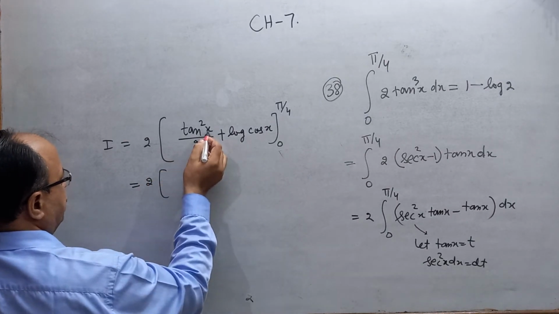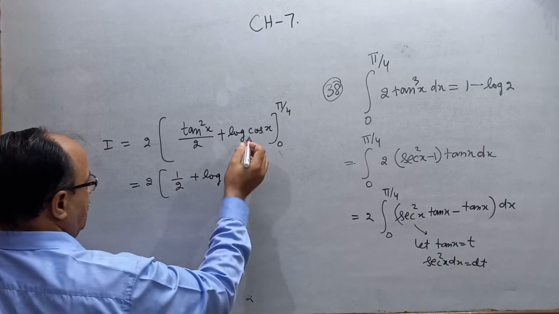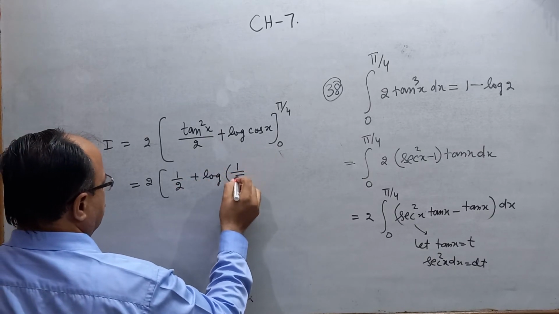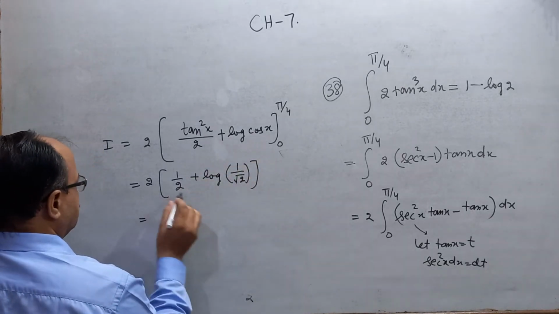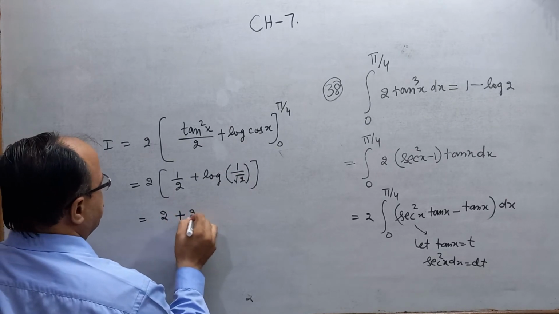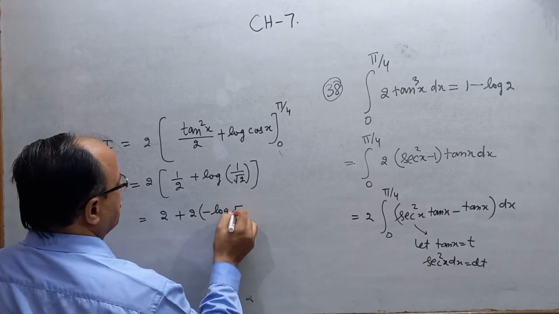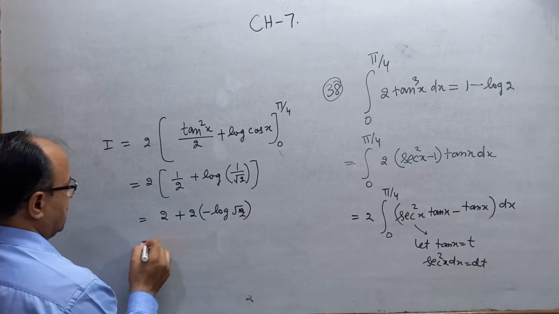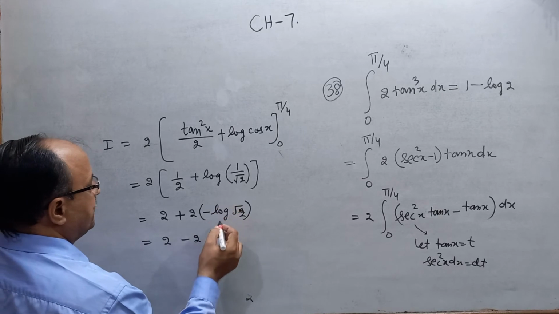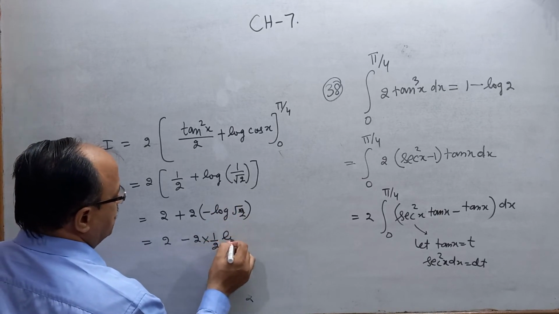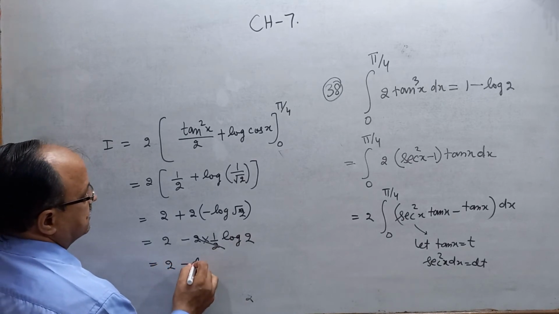When you apply pi by 4 here, tan pi by 4 is 1, and cos 45 is 1 by root 2. When you put 0, it gives 0. Multiply by 2, we get 2 times 1 by 2 minus log of 1 by root 2, and you know that property, 1 by 2 log 2, which will cancel the 2, minus log 2.